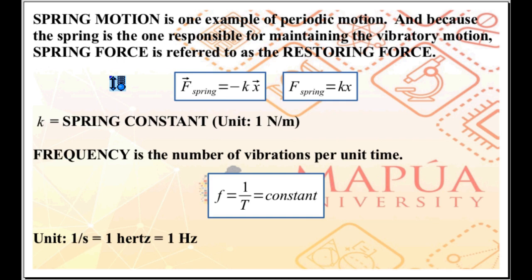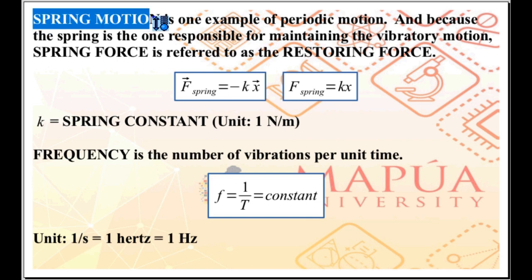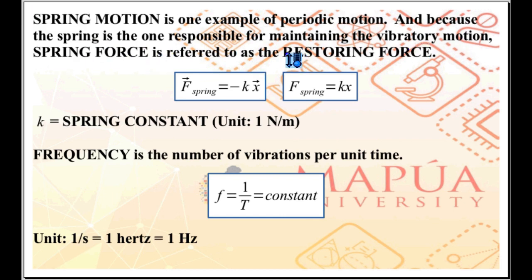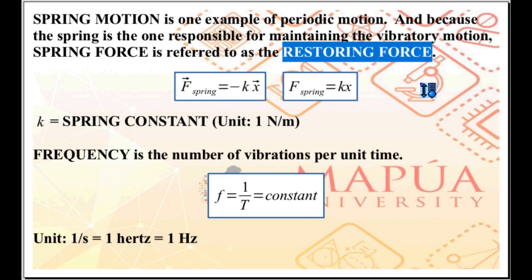We use the spring to illustrate vibratory motion. That's because spring motion is an example of vibratory motion. In particular, spring motion is one example of periodic motion. And because the spring is the one responsible for maintaining the vibratory motion, spring force is referred to as the restoring force.